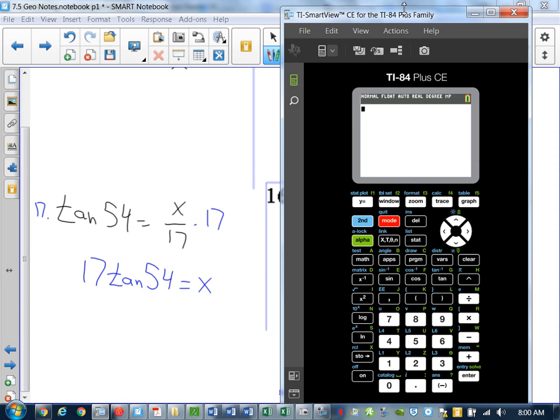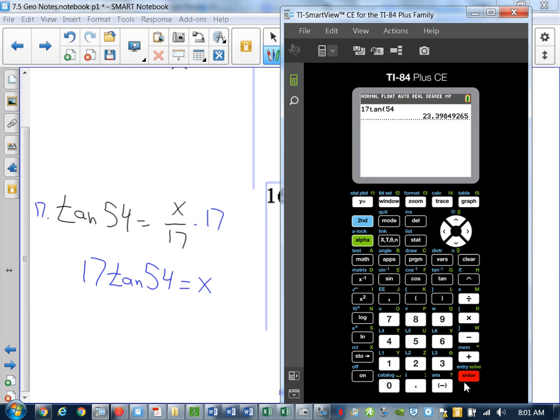If you type in the calculator 17 tangent 54 and hit enter, you get a decimal. Now, my requirement for you guys is to always round your decimals to the 100th, 2 decimal places.